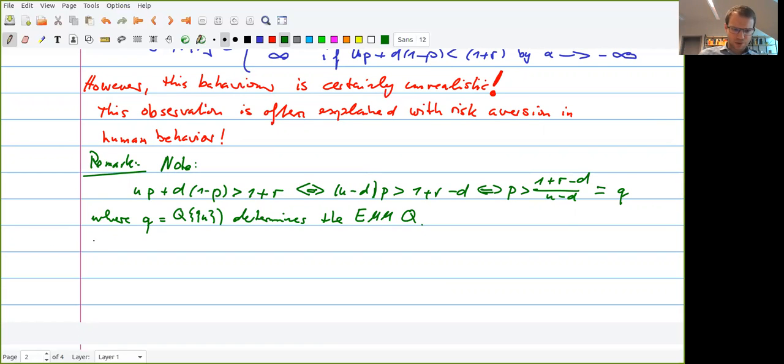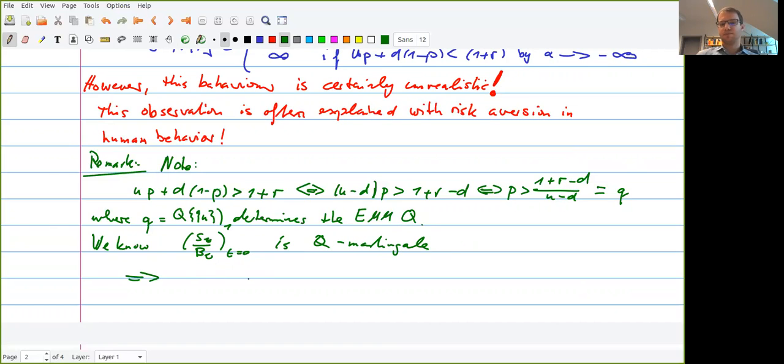Well, we also know the discounted price process, it's just one step here, so let's keep it simple, is a martingale under Q, right?